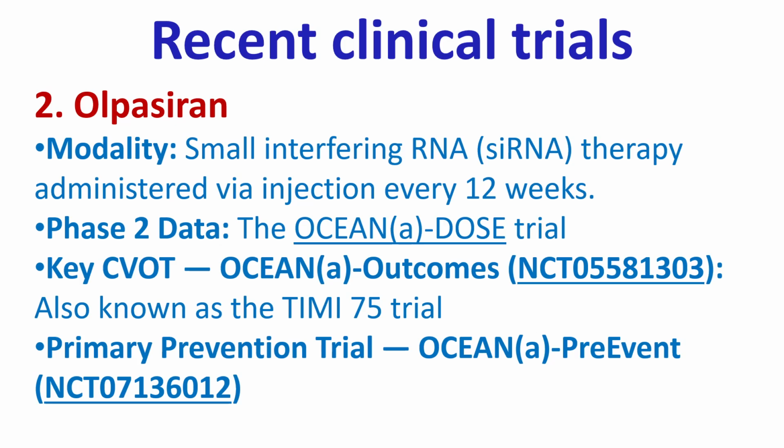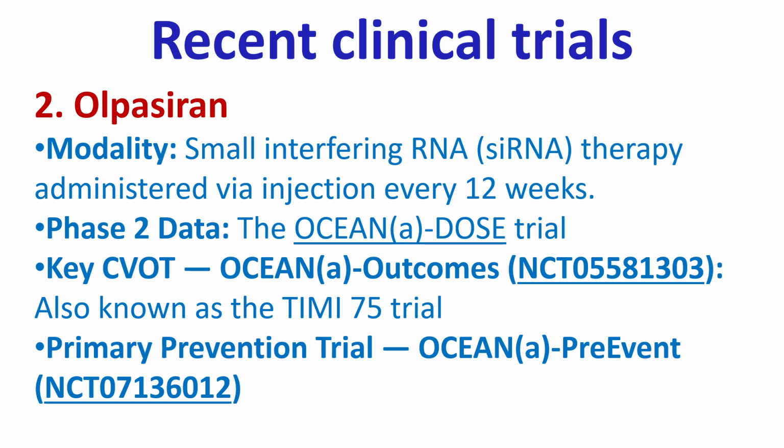2. Olpasiran, a small interfering RNA (siRNA) therapy administered via injection every 12 weeks. The OCEAN(a)-DOSE trial demonstrated that olpasiran safely lowered LPA by more than 95% at its highest dose.